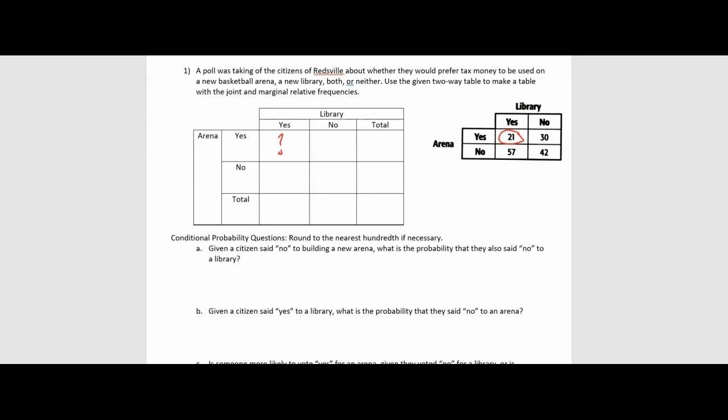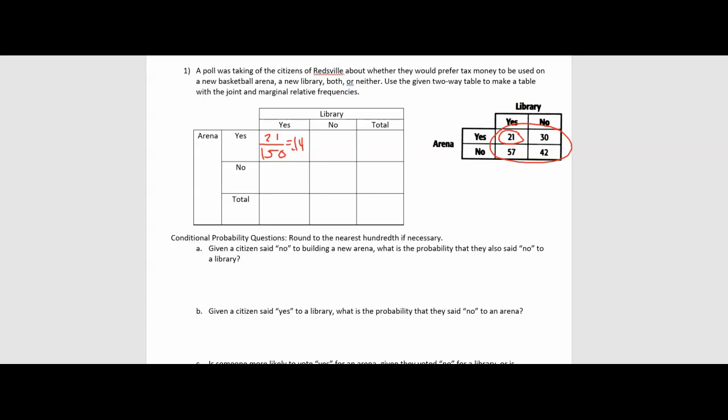So in essence, I'm doing 21 divided by the total number of people, which means I need to add all of these up. Well, if we do that, we end up getting 150 people total that were polled. That gives us a frequency or a probability of 0.14.